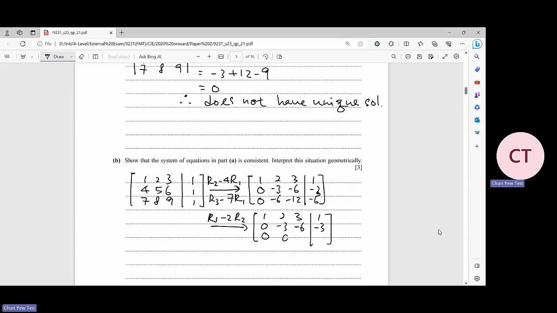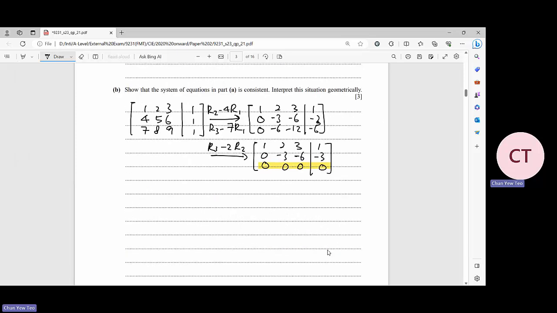So this one you get 0, 0, 0, and 0. So you have one whole row over here, all of them equal to 0. So until here, we can say that this is considered consistent because it has infinite solutions. Then the conclusion: the 3 planes form a sheaf.